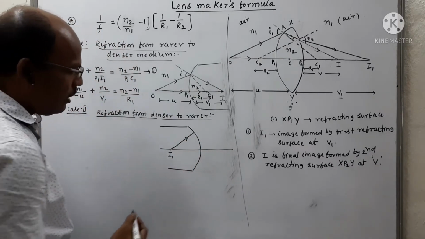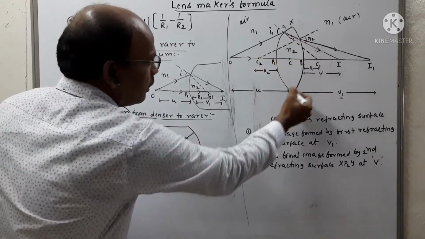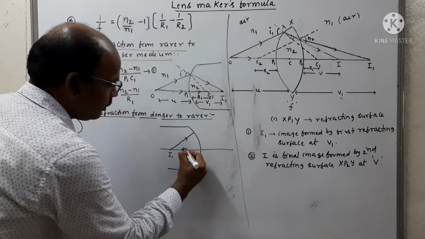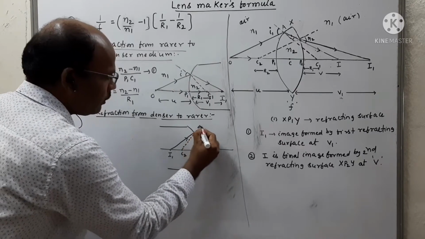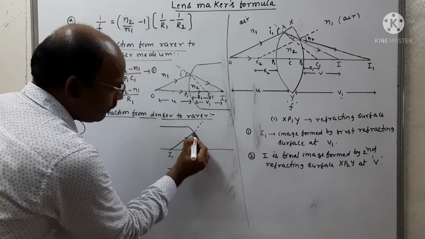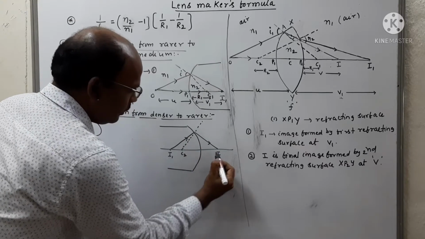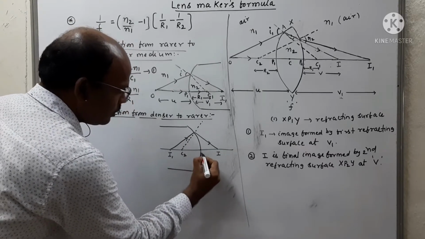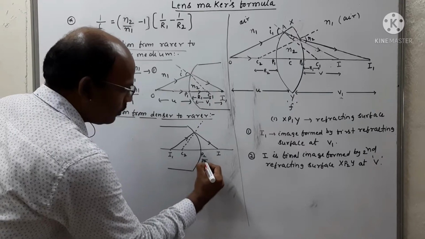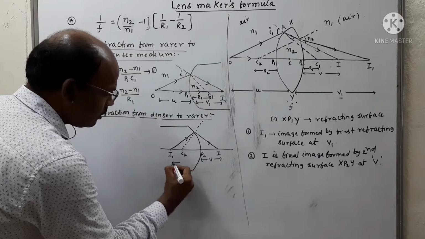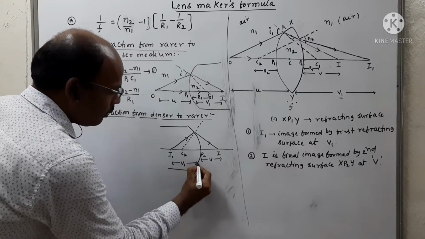This is the incident ray. Take the second surface. This is the center of curvature. Take the normal. After refraction, it forms like this. So this is I, this is P2. This is V, and this distance is V1.